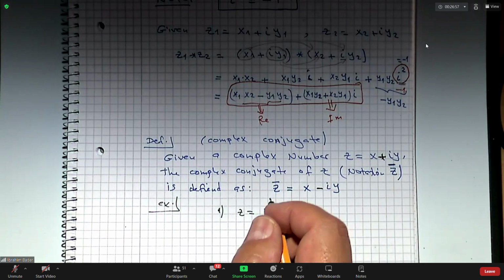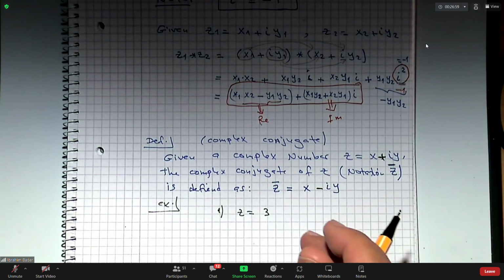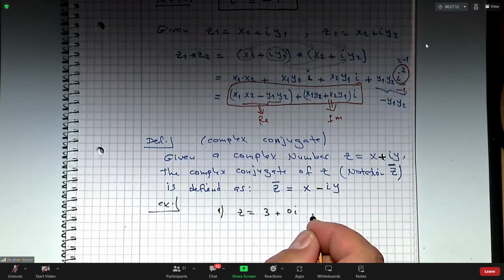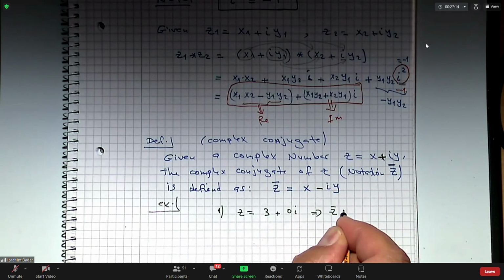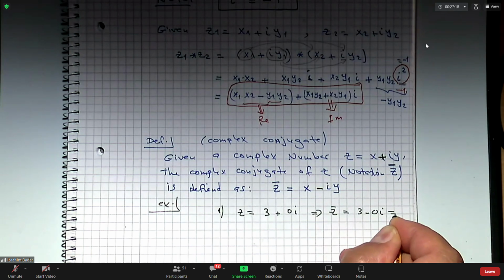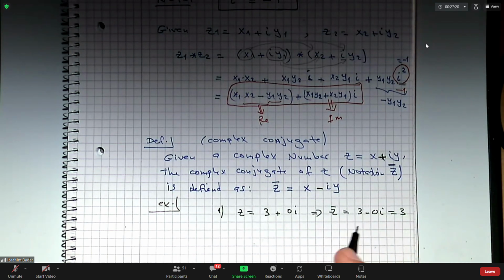A complex number can be a pure real or pure imaginary; in this case, it's a pure real. By default, this is equal to 3 plus 0 times I. So what is the conjugate here? 3 minus 0 I, which is 3. The conjugate definition doesn't touch the real component, so it's the same.